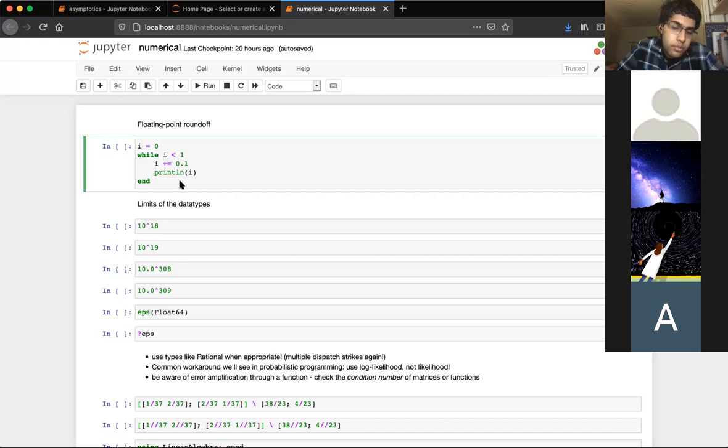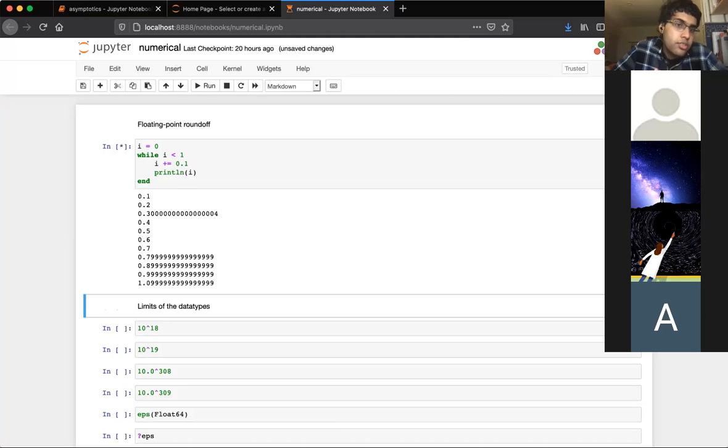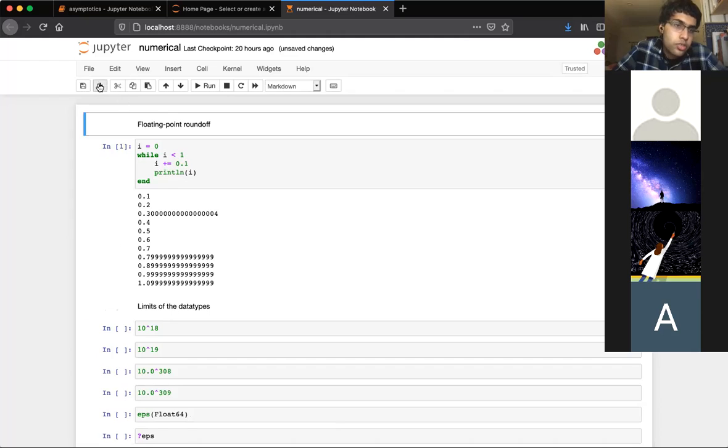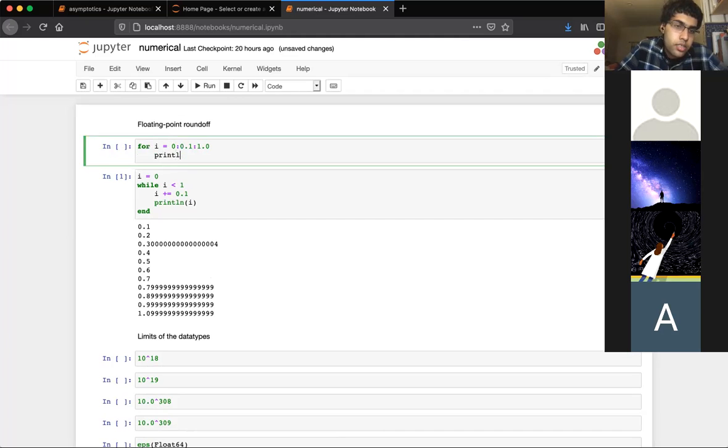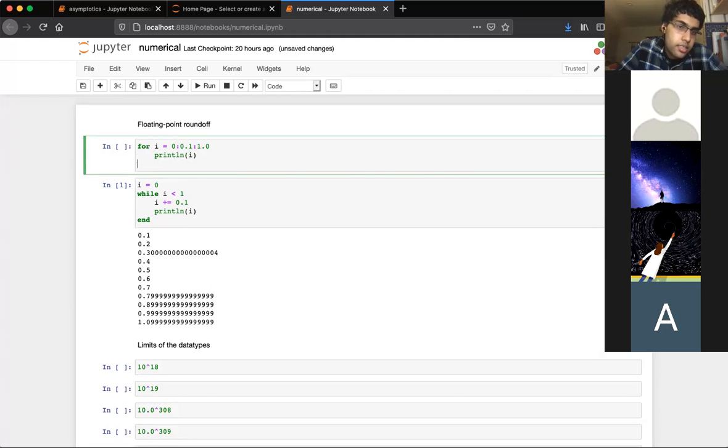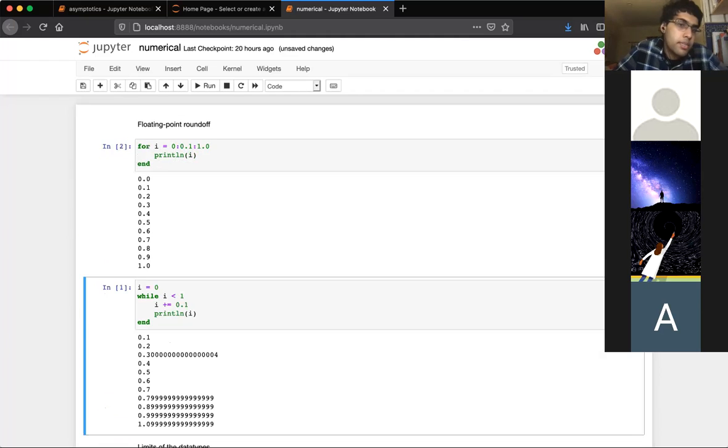Okay, so one of the most immediate ways you can see that this is an issue is by doing this. Often when we're iterating over a bunch of numbers, we're told to do it like this in a for loop. For i equal to 0, 0.1, 1, print i. You're told to do it like this, or if no one's told you, then I'm telling you now, you should do it like this.